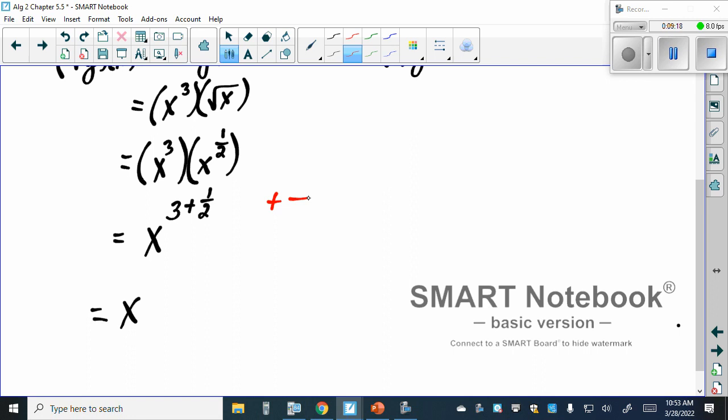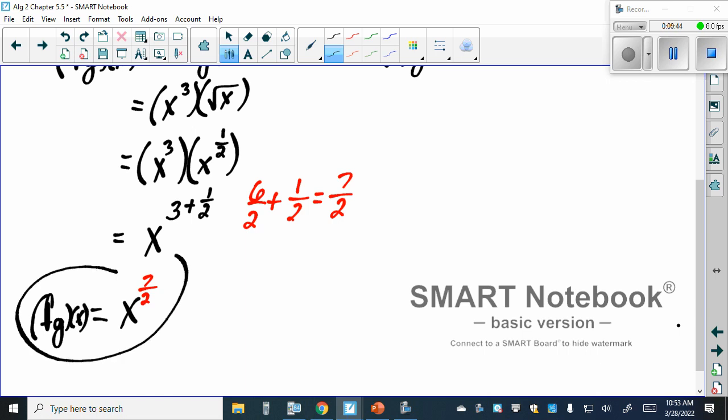Well, to add fractions, we need the denominators to be the same, which means we need to change 3 into 6/2 so that the denominators are the exact same, which gives us 7/2. And this here would be our f times g of x.